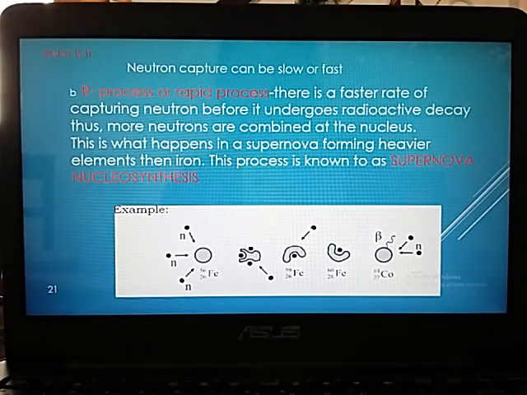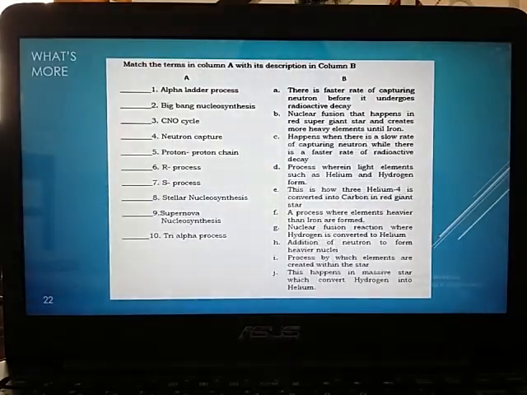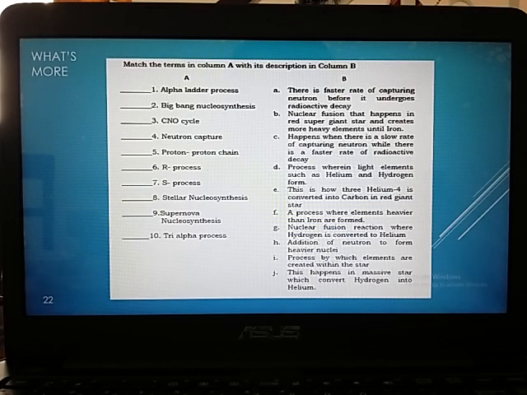Yung neutron is added. Dumadagdag siya sa isang element in the nucleus and it becomes a heavy element. So far na-discuss na natin ang mga nuclear fusion and the stars, and na-discuss na natin yung last, which is the supernova nucleosynthesis or the neutron capture.